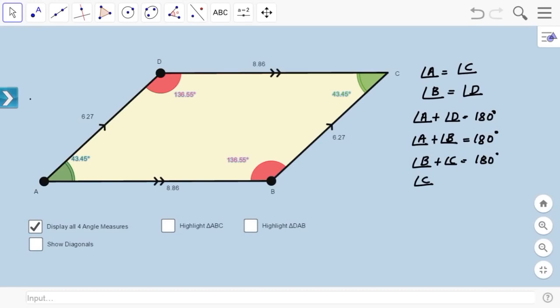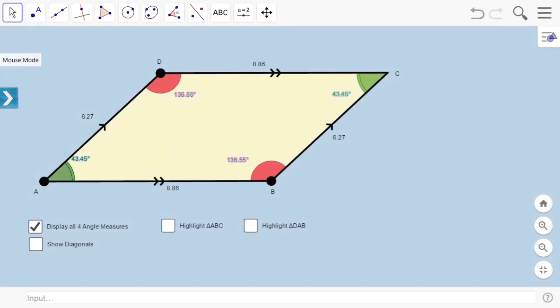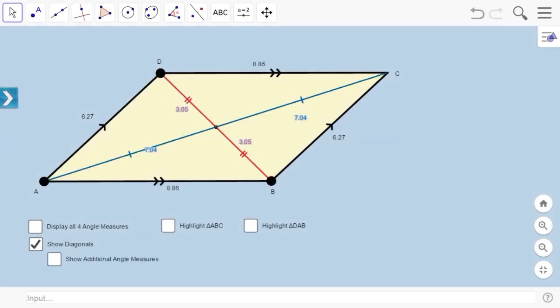Because these adjacent angles lie between the parallel lines. Angle C and angle D lie between the parallel lines CB and AD. So sum of all the two adjacent angles is 180 degree. So in a parallelogram, sum of two adjacent angles is 180 degree. This is one more property of parallelogram.